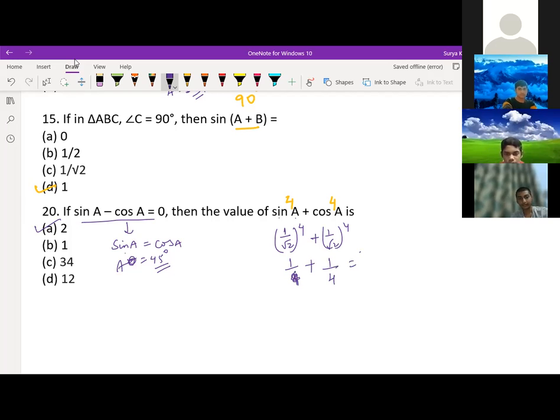So the answer is 2 by 4, which is 1 by 2. It's not 2, it's 1 by 2. This is 1 by 2 and this is 3 by 4.